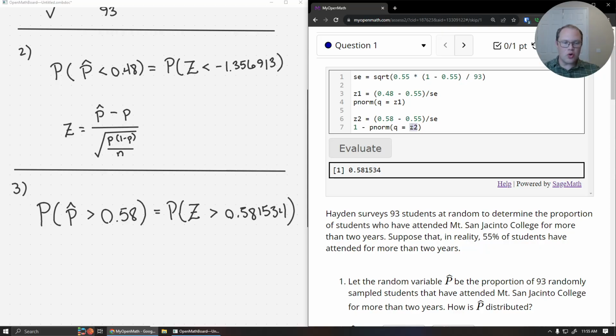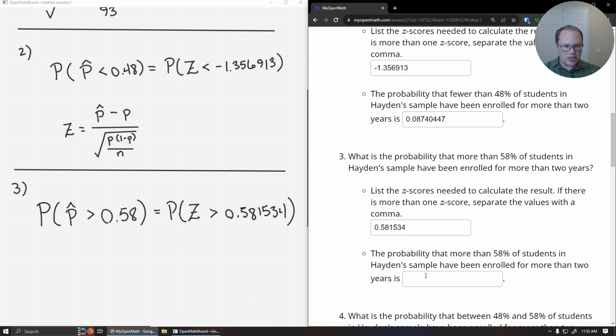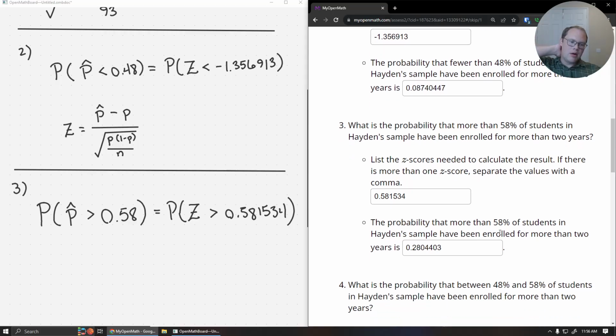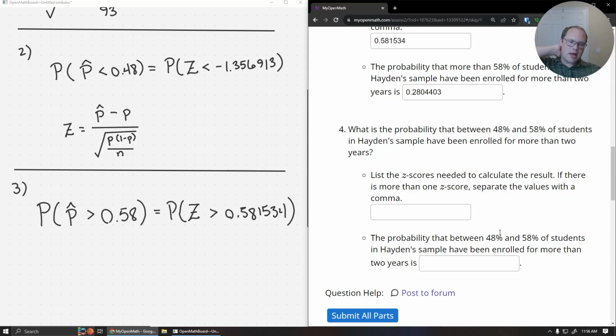Plug in the z-score associated with this part of the problem, and I get a probability of 0.280443. So there's about a 28% chance that when Hayden collects a sample, the proportion of students that have been enrolled for more than 2 years is bigger than 58%.